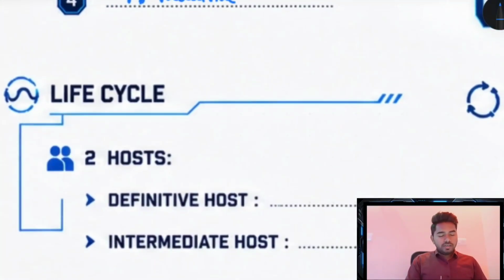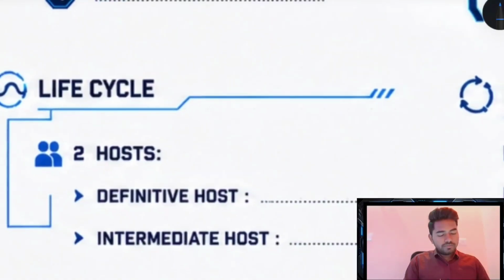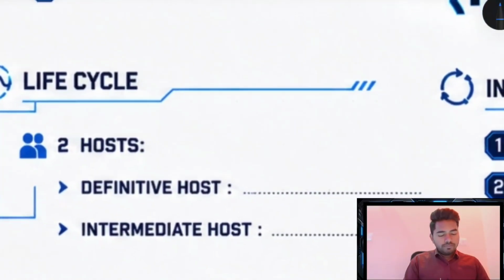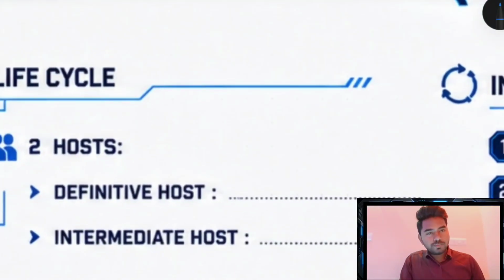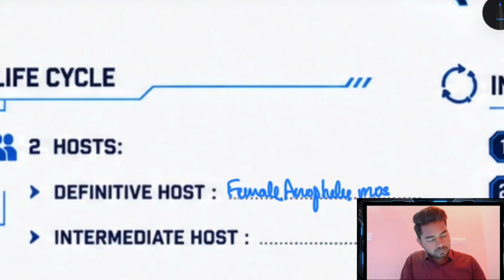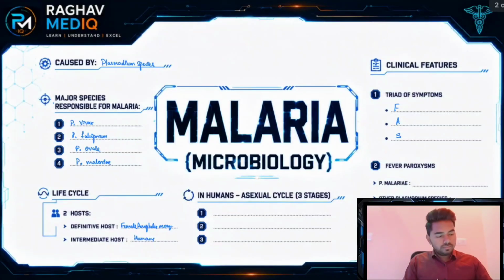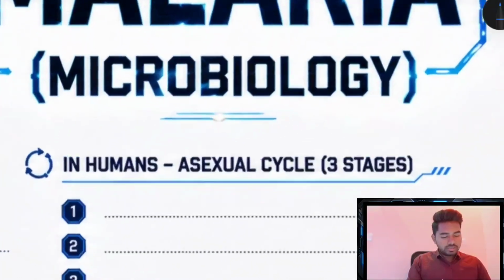Then coming to life cycle, we have two hosts. One is definitive and another is intermediate. Definitive host is the female Anopheles mosquito, and intermediate host is we, humans. And we have asexual stage in humans.